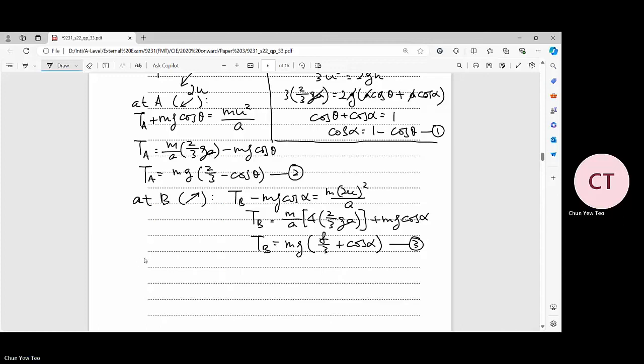And we know that given the tension at B is 10 times the tension at A, so you will get mg of 8 over 3 plus cos alpha is equal to 10 times dA. Just make use of equation number 2 and equation number 3, and you will get this.